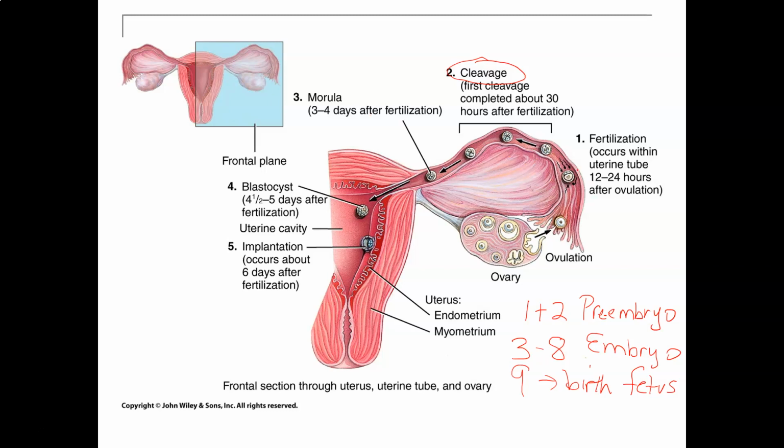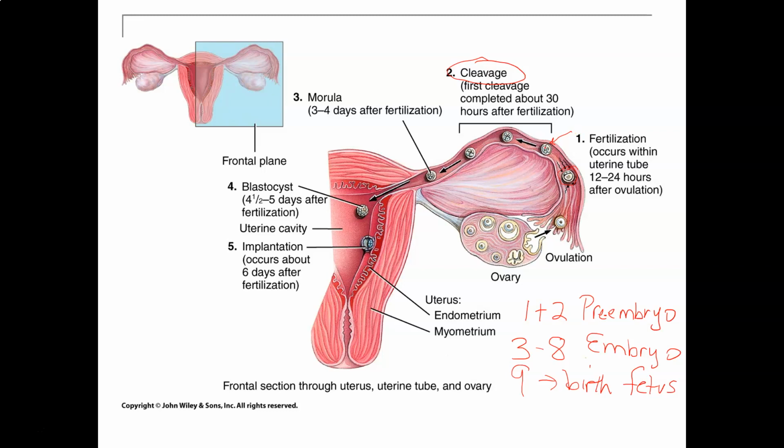Alright, so here we see fertilization happening in the fallopian tube, and then the cleavage stage begins not too long after, so in about 30 hours later you get the first mitotic cell division. So see how we now have 2 cells. This is the 2-cell stage.